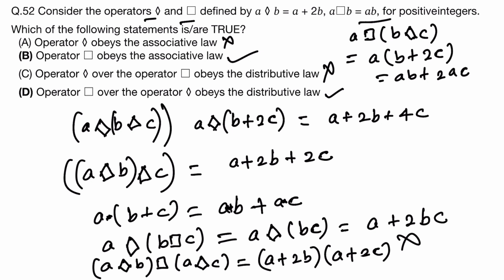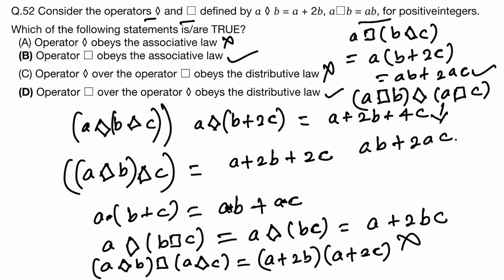Then according to the distributive law, its value should be a square b rhombus a square c. If we solve this one, this will be ab plus 2ac. Both are equal, so this is a correct statement, true. So options b and d are correct.